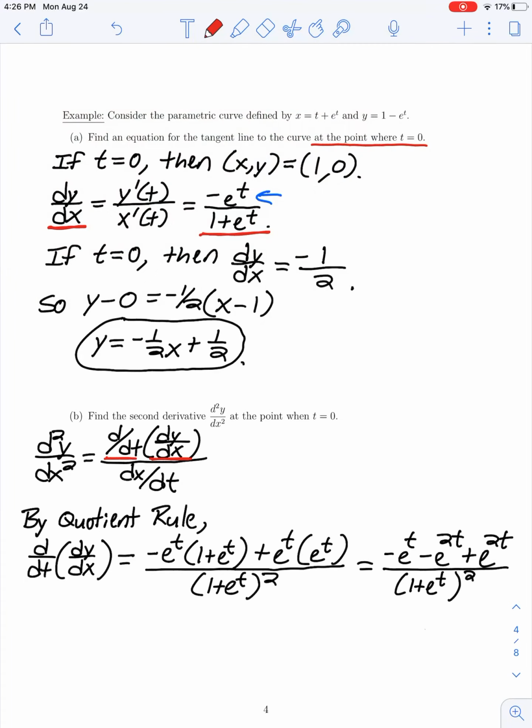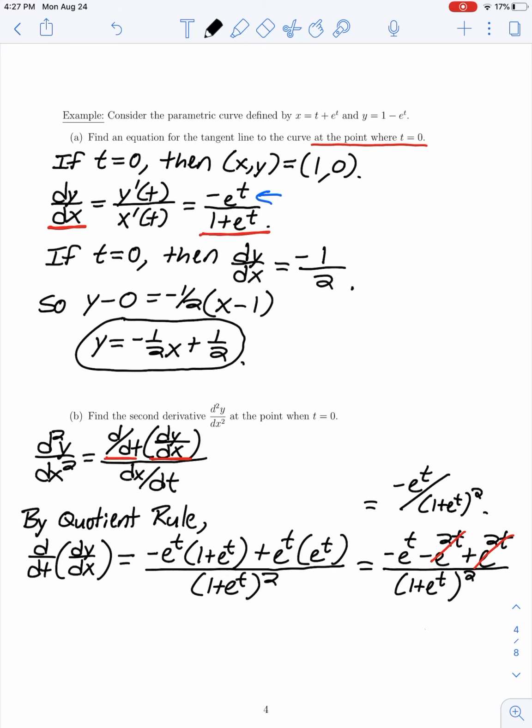So we see here that in our numerator, the positive and negative e to the 2t cancel, and so we are left with just negative e to the t over 1 plus e to the t quantity squared.